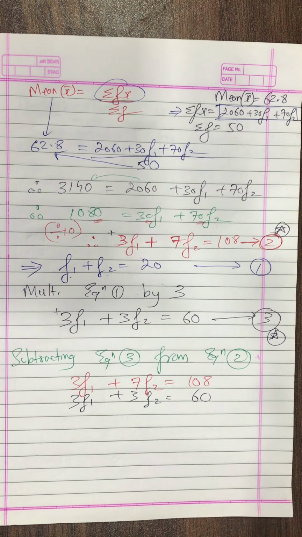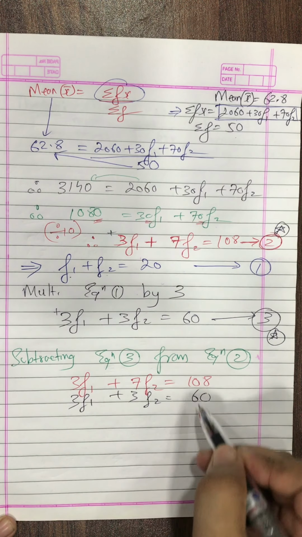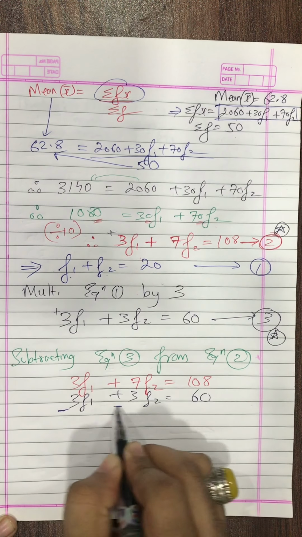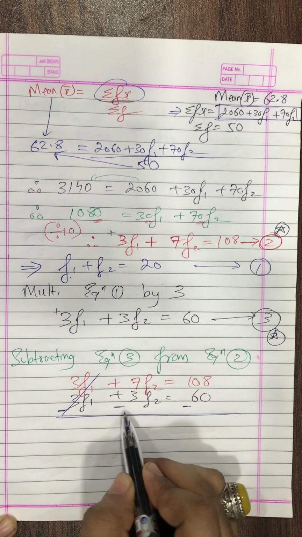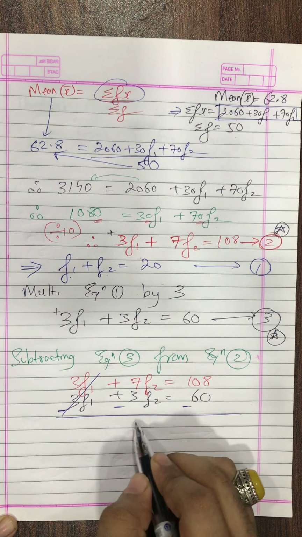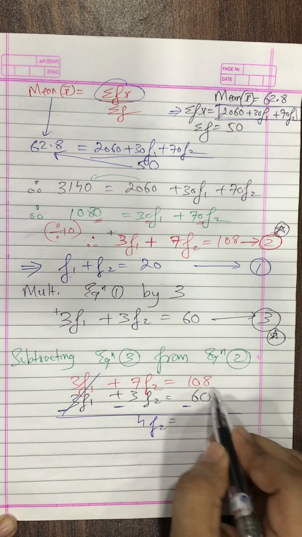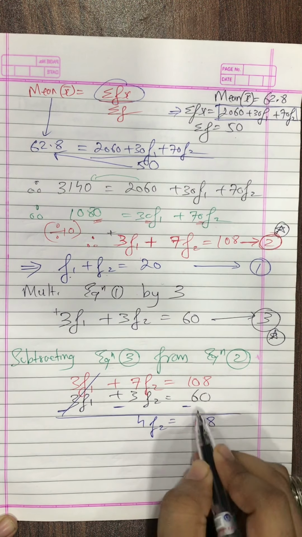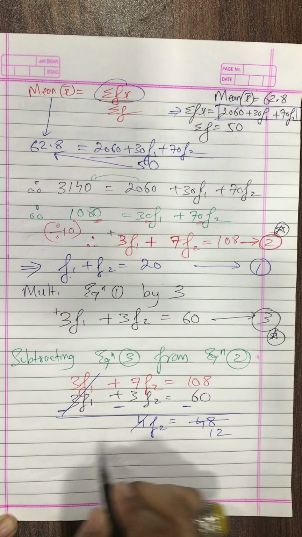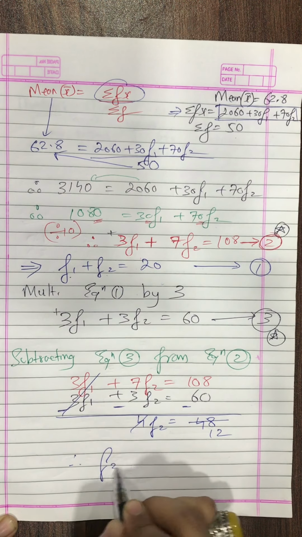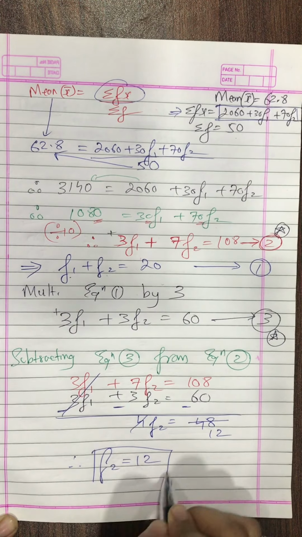Just don't forget to change the sign of whatever you write in the second line. So minus, minus, minus. So now what will happen? This will be cancelled. 7f2 minus 3f2 becomes 4f2. Now 108 minus 60 is 48. So 4f2 is 48, and therefore, students, we got the value of f2. f2 is equal to 12.